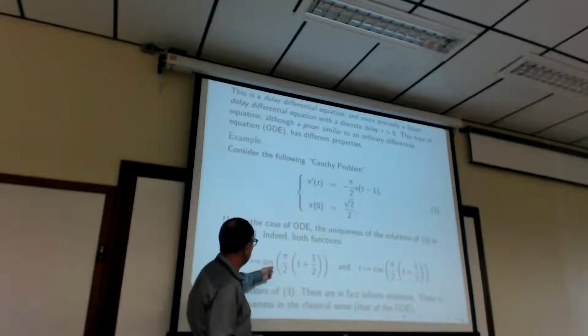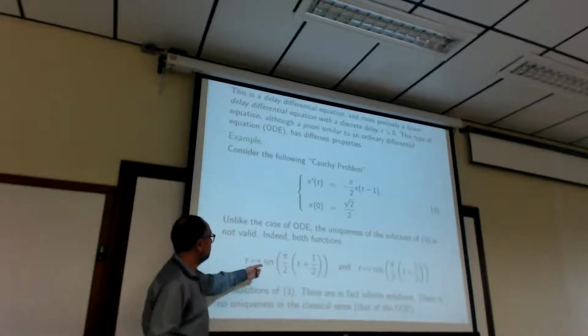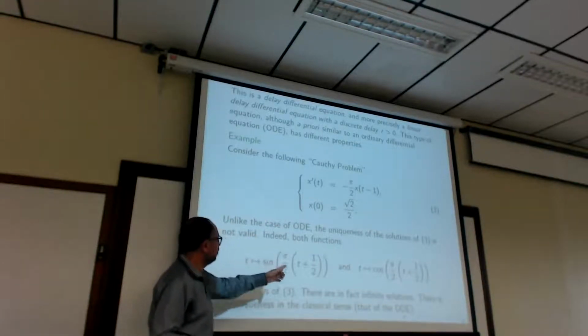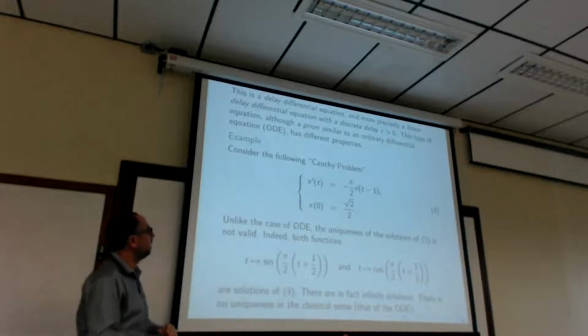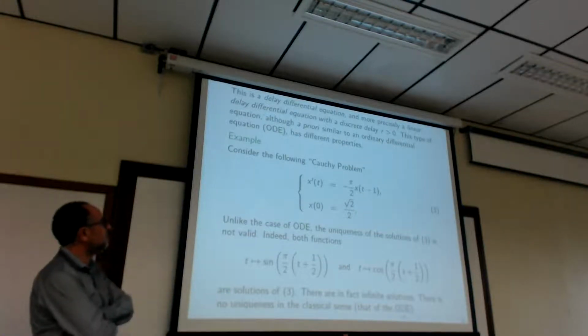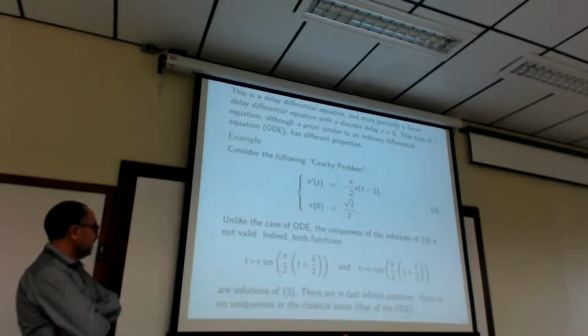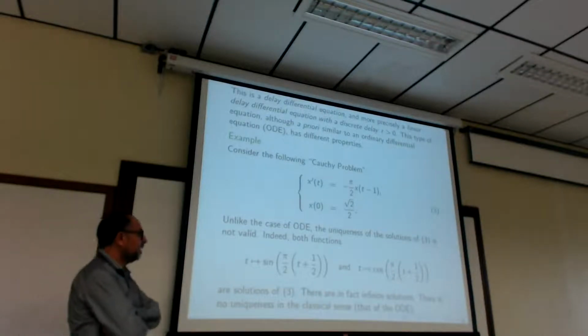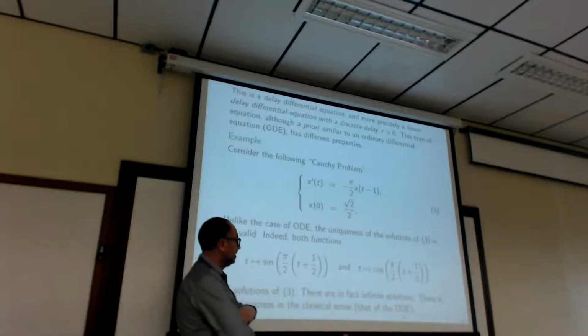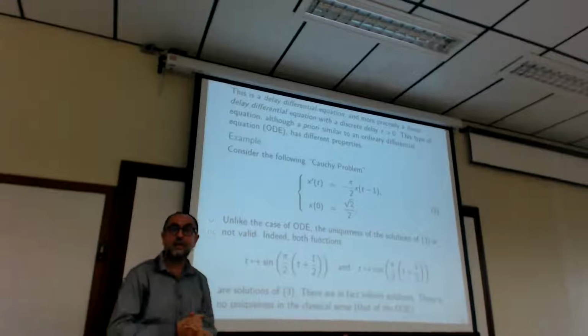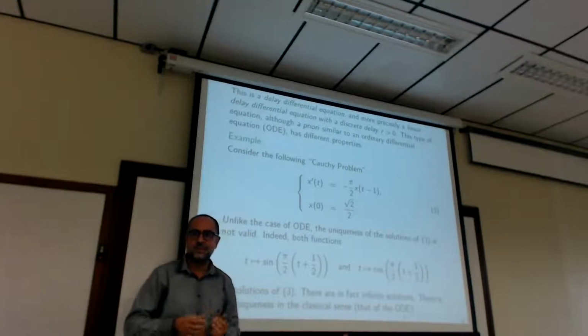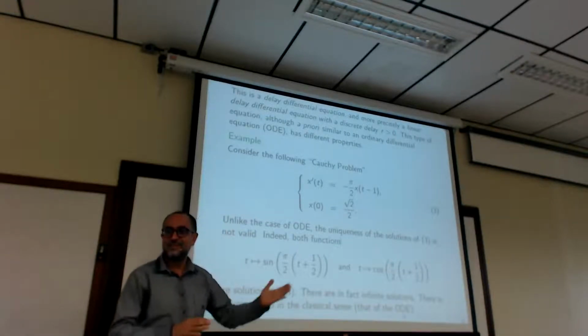You can try to show that these two functions satisfy this differential equation. That means there is no uniqueness in the classical sense. That means we cannot consider this delay differential equation like an ordinary one. It's not true.